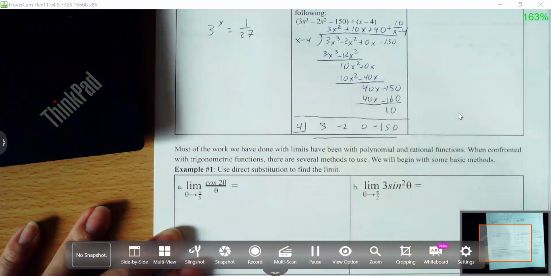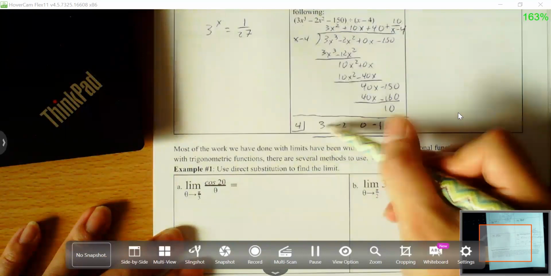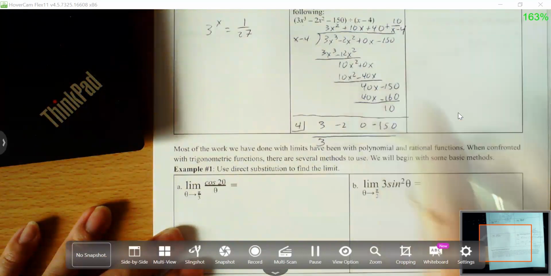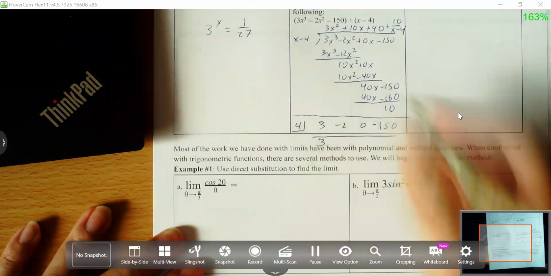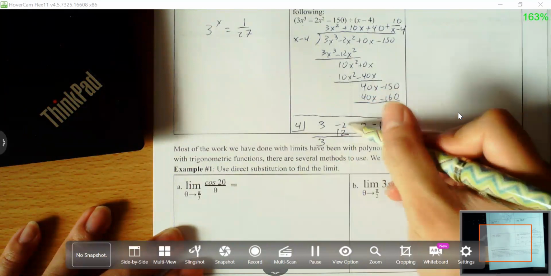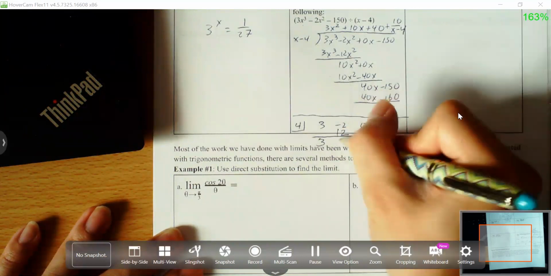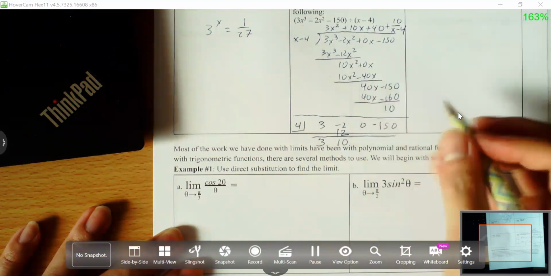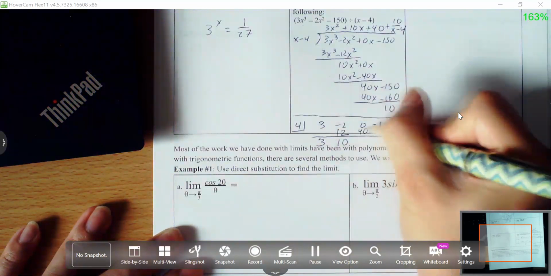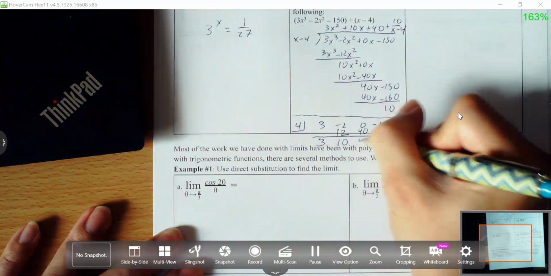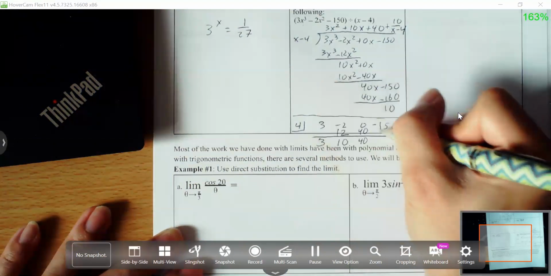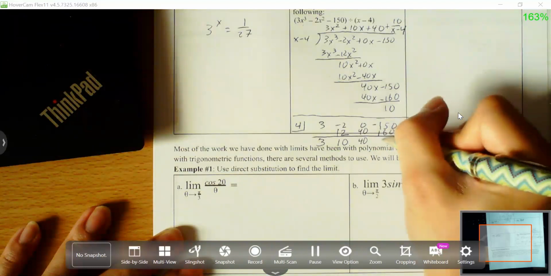And if you remember this process, all you do is you bring down the 3 here. 3 times 4 is 12. -2 plus 12 is 10. 10 times 4 is 40. This is 40. And then 40 times 4 is 160, which is 10.